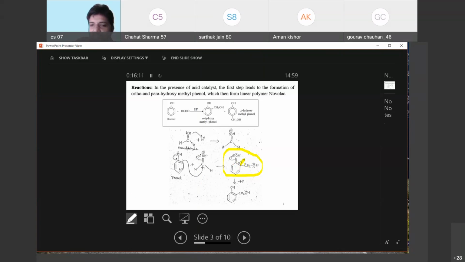So the proton from the ortho position is released as H positive by the benzene, and see the arrows here, that recreates the aromatic character of the benzene, and you will get here orthohydroxymethylphenol. This is now your orthohydroxymethylphenol.